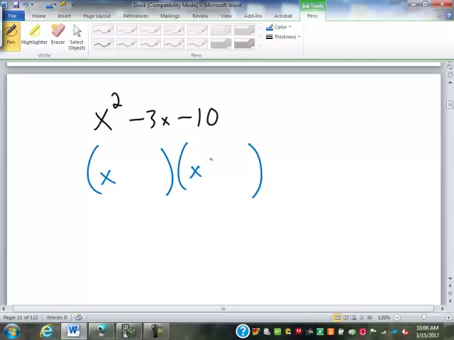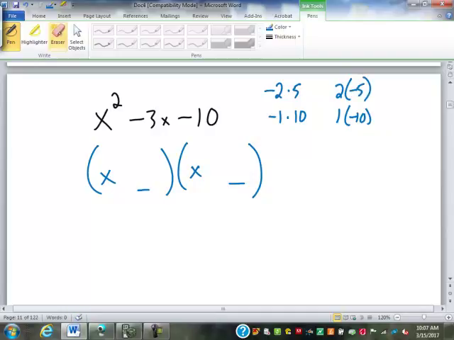Still x and x to make x squared. Now this one's a little different because the last numbers have to multiply to make a negative 10. So it's either going to be a negative 2 times 5, a negative 1 times 10, a positive 1 times a negative 10, or a positive 2 times a negative 5.